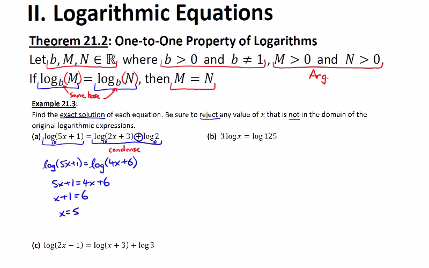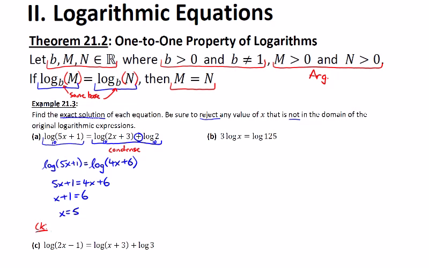Now, it mentions here that we are supposed to reject any value of x that is not in the domain of the original logarithmic expression. So I want to show you what that looks like before we go boxing in this answer. So for the check, I need to take 5 and substitute it into each one of the logs in the original equation.